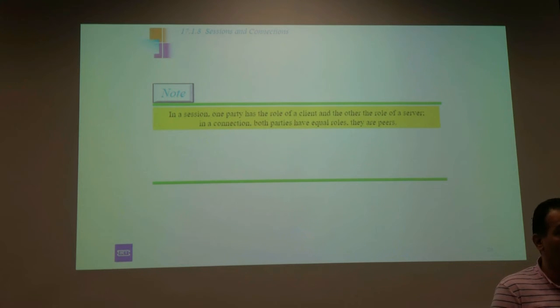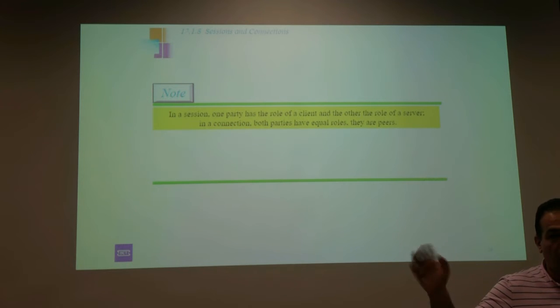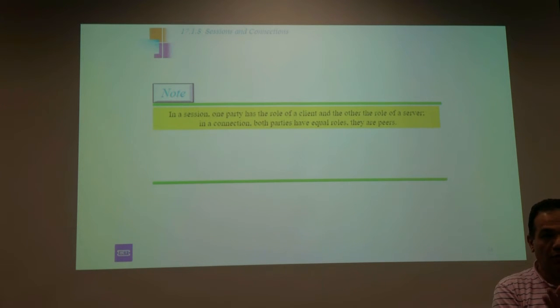The communication starts between them by creating what? A session. So a session is a client-server application: one client, one server. Creating the session does not mean communication. For communication, I have to create a connection.